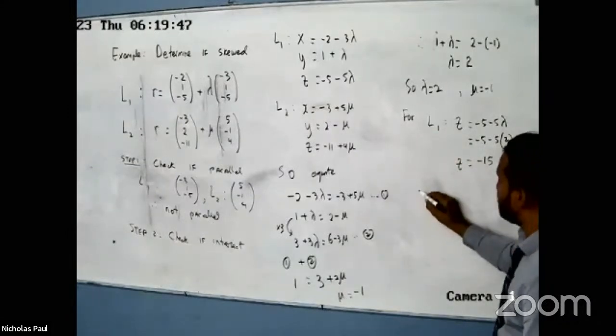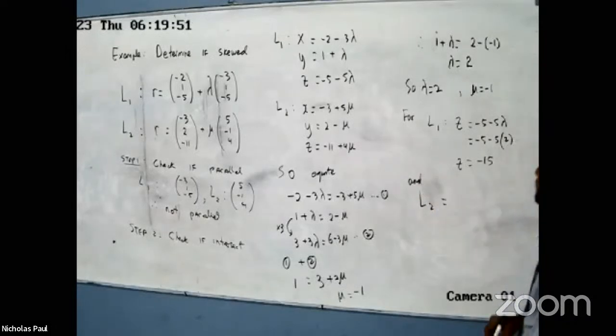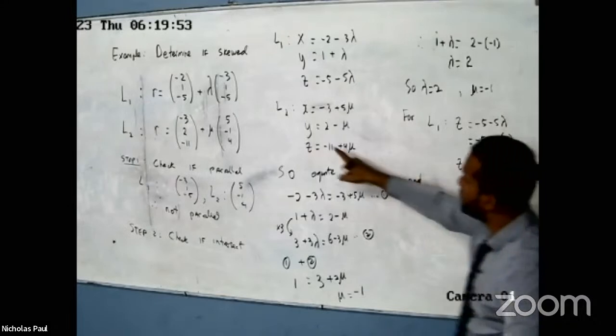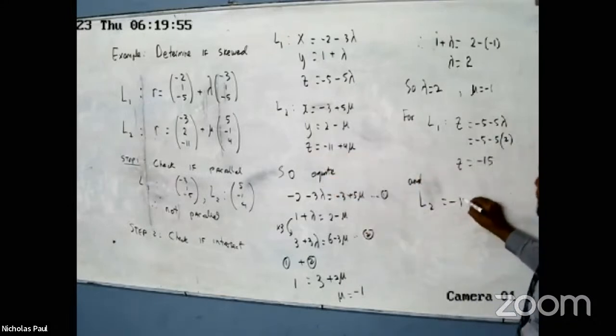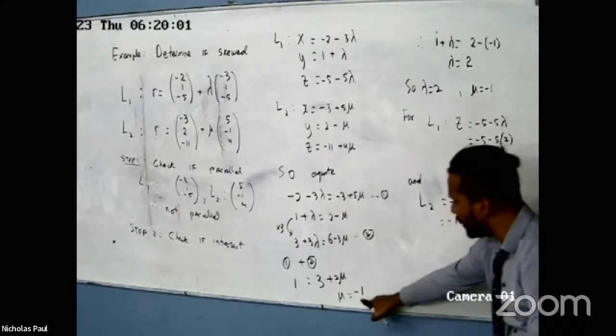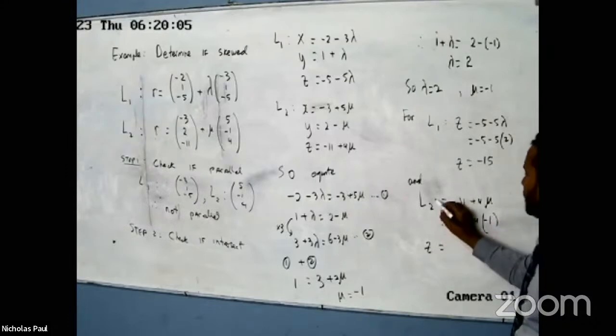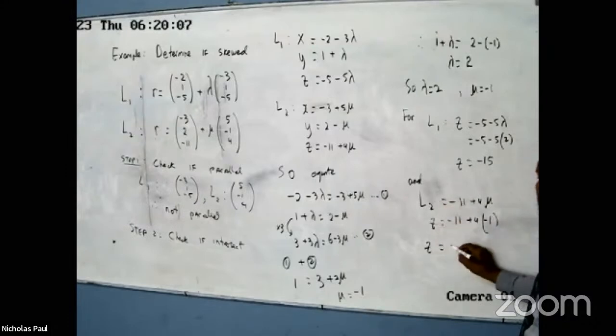Let's check L2 now. L2 for Z is minus 11 plus 4 mu. Mu is minus 1. So I get Z to be minus 15.